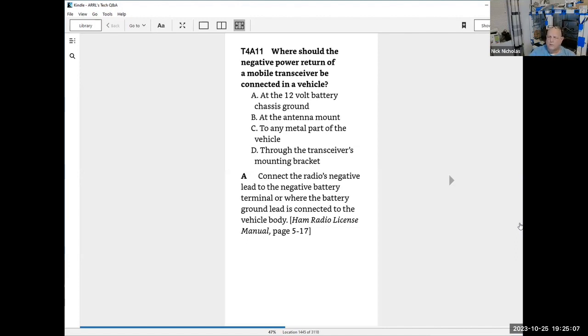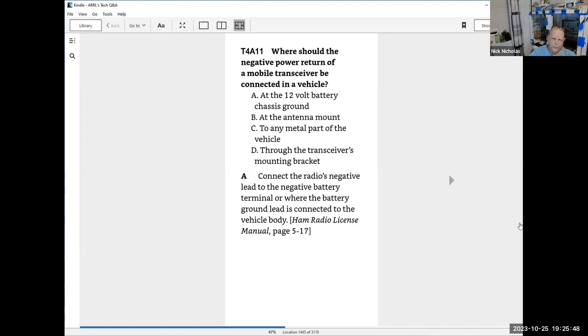The answer A is the best connection point. The 12-volt battery chassis ground, the point where the battery itself is grounded to the chassis, which is essentially the negative terminal of the battery. I like to run my power connections all the way back, plus and minus, to a box I added on. I always do in my vehicles. I add on a little box that will hold a number of extra fuses.